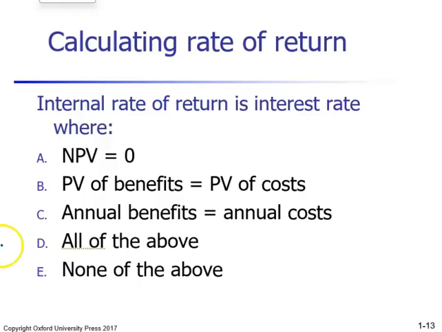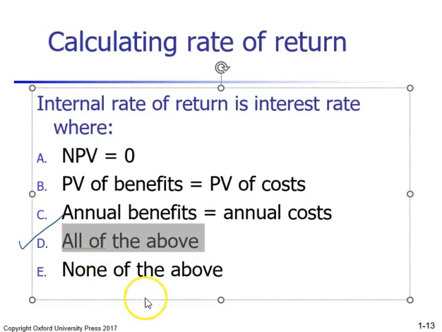Absolutely, you are right. This one is the correct answer: all of the above. Because at that point, as we discussed before, it is the point where all the costs and benefits are equal on a reference of comparison.